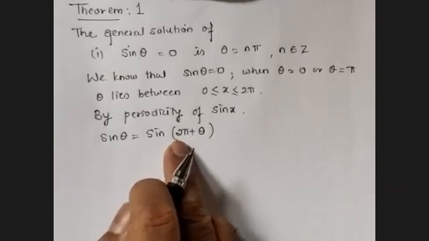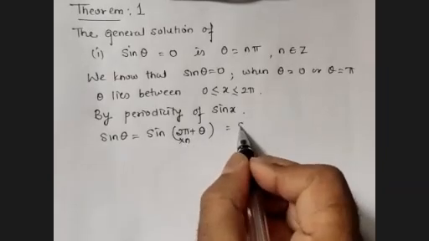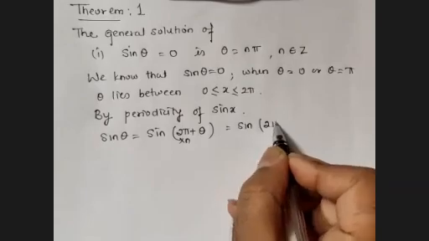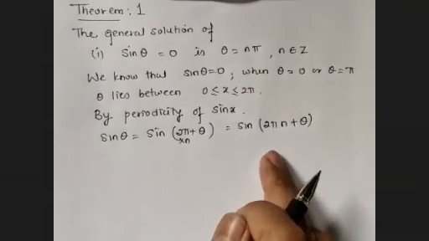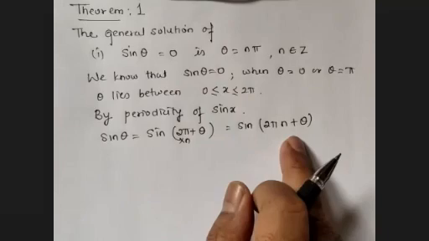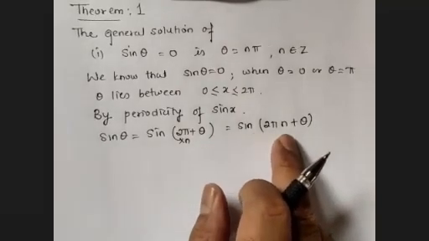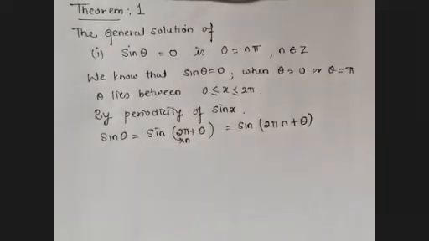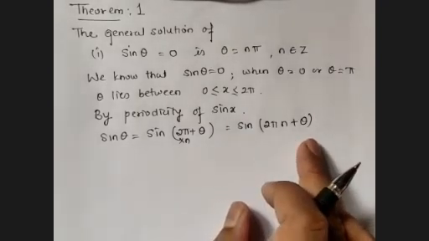So this will be multiplied by the value n. So hence the value will become sine of 2 pi times n plus theta, since this angle will be repeated after every 2 pi angle. So that's why the sine value becomes 2 pi n plus theta.